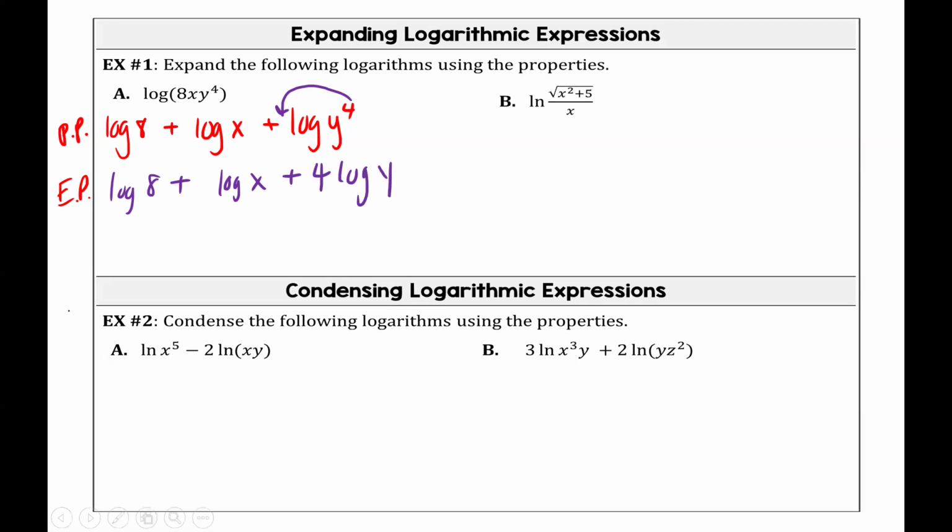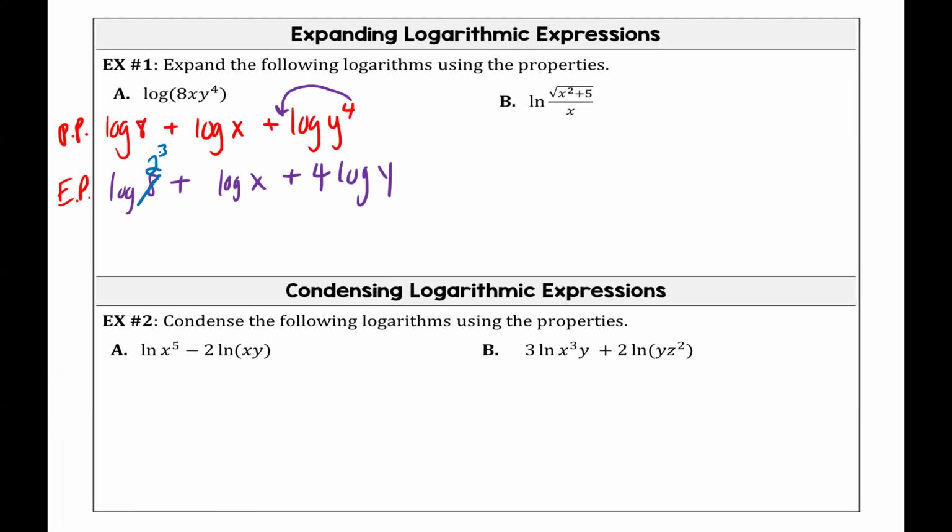Back in Algebra 2, this is where we would have stopped. Does that ring a bell? However, we're now in pre-calc. We do not stop here, and that's because 8 can be broken down to a power. And because 8 can become a power, that means I can fully expand it. How can I express 8 in terms of a power? 2 cubed. 8 can be replaced with 2 to the 3rd power.